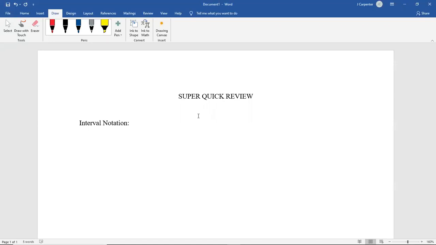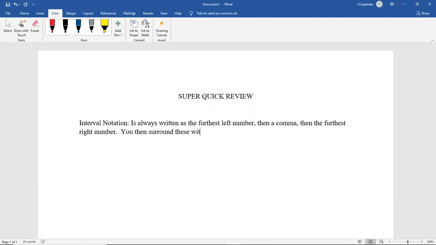So interval notation is always written as the furthest left number, then a comma, then the furthest right number, and surround these with either parentheses or brackets, depending on the original inequality symbol.